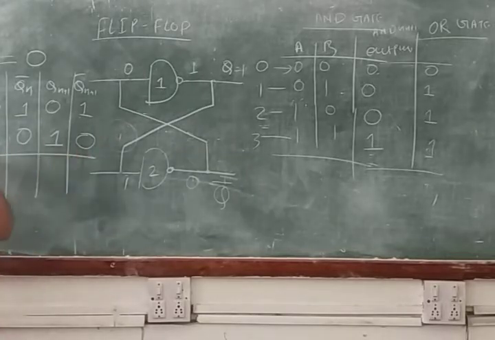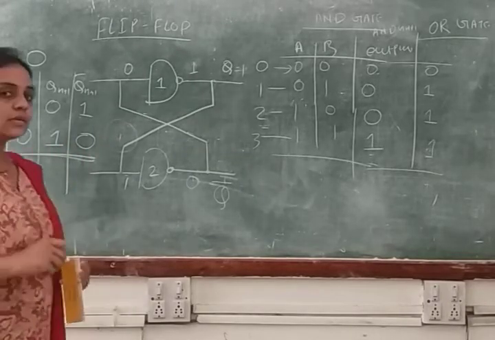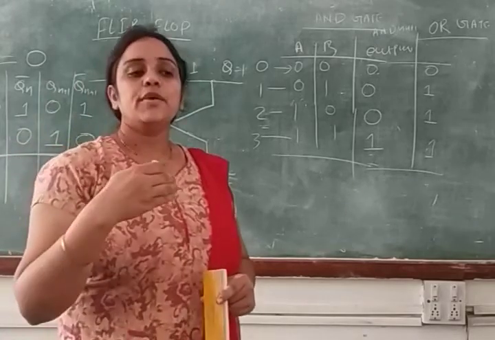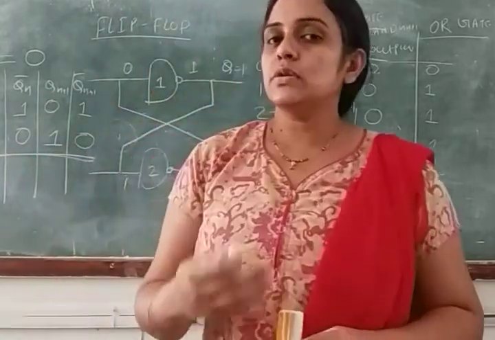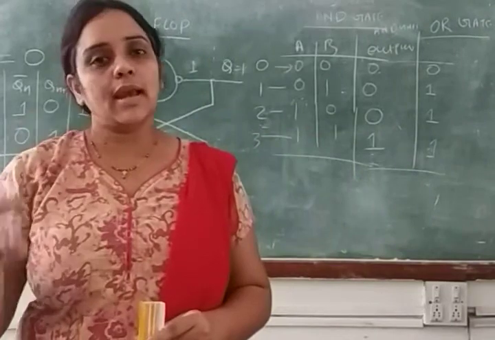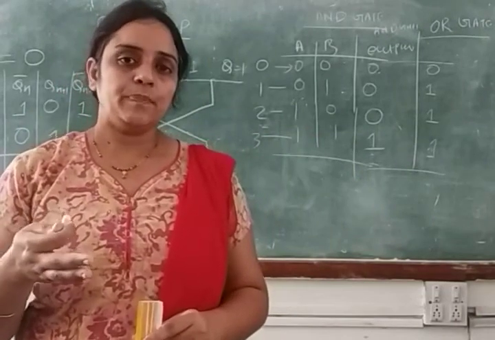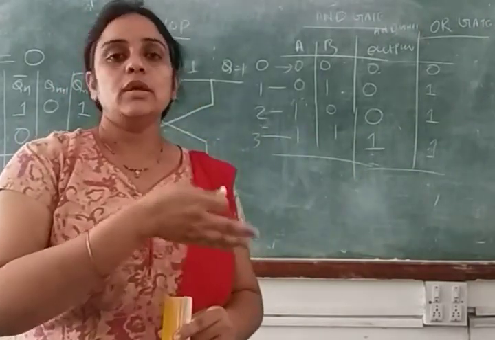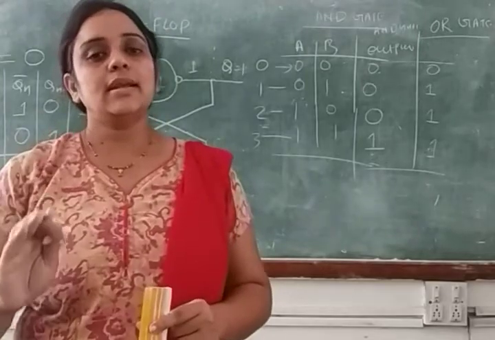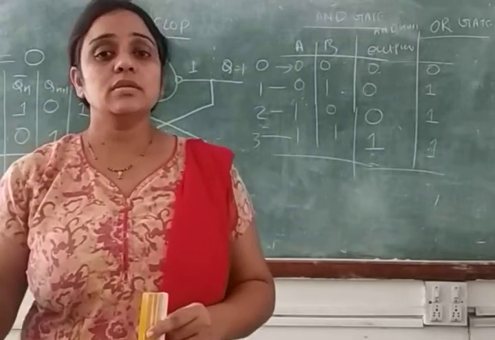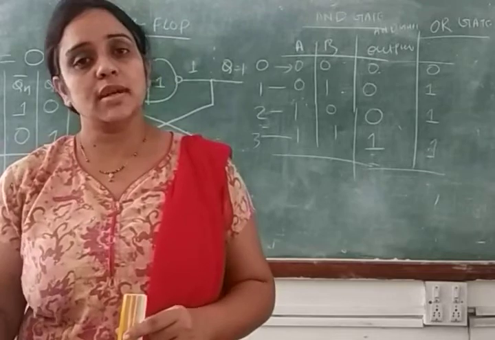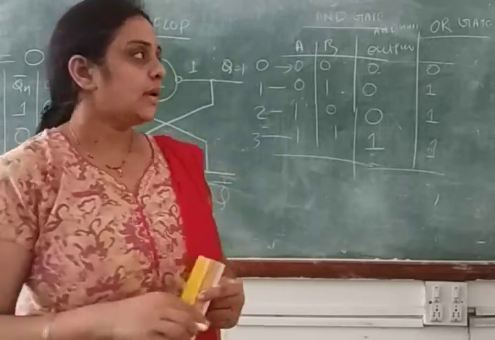So by this table what we can conclude? We can conclude if you are assuming Q value is 0, in that case again you will get your next output is 0. If you are assuming Q value is 1, in that case again Qn plus 1 is 1, means your next state output is again 1. So what happened?